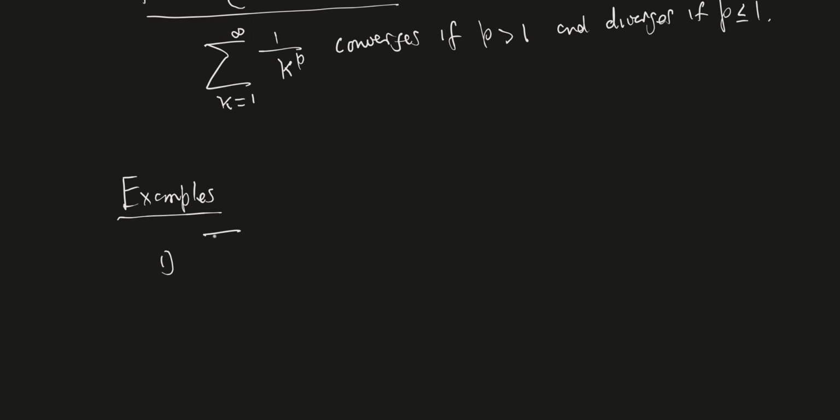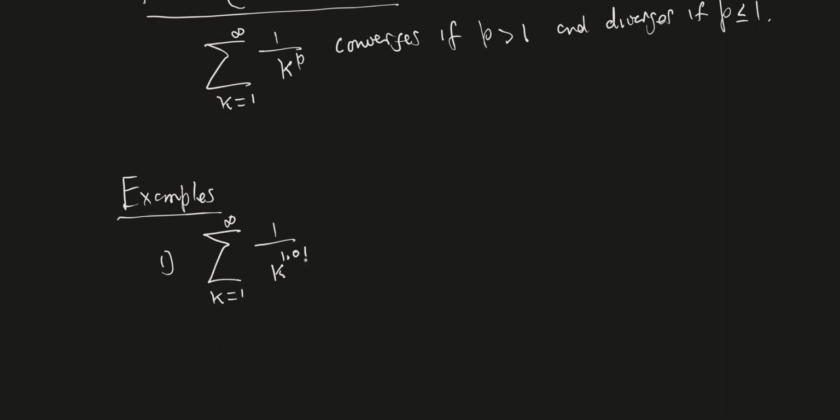So, for instance, if we have something like this, oh, nope, this is k, not p. So here's our p-series. It's the sum of k going from 1 to infinity of 1 over k to the 1.01.